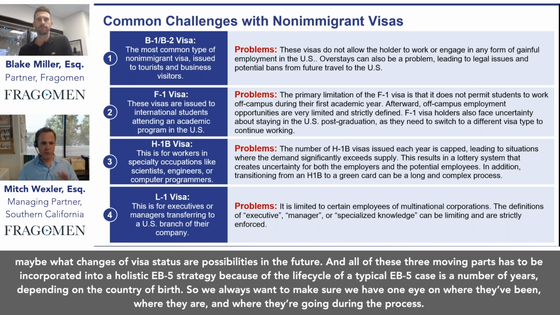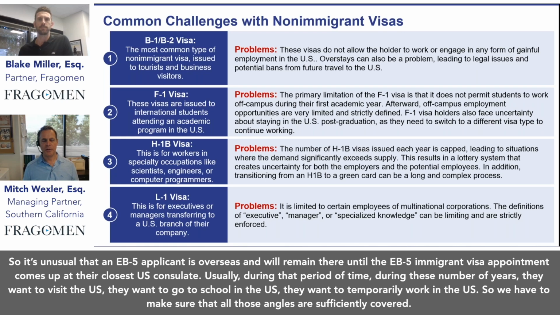All of these three moving parts have to be incorporated into a holistic EB-5 strategy, because the life cycle of a typical EB-5 case is a number of years, depending on the country of birth. So we always want to make sure we have one eye on where they've been, where they are, and where they're going during the process.